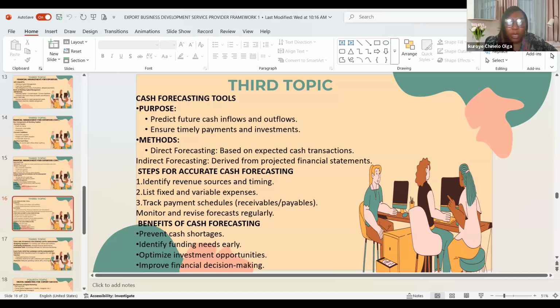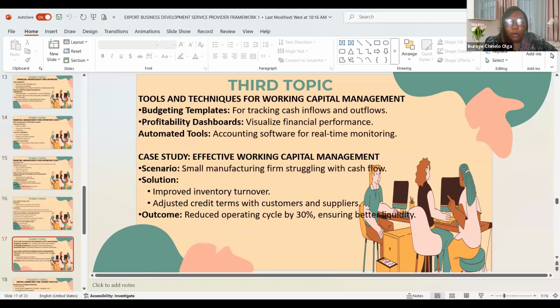And the benefit of cash forecasting is that it prevents cash shortage. You can identify where you need funding easily. You can optimize investment opportunities and improve financial performance. For tracking cash inflows and outflows, you need budgeting templates. We have formats of all these budgeting templates that will be provided to you later.